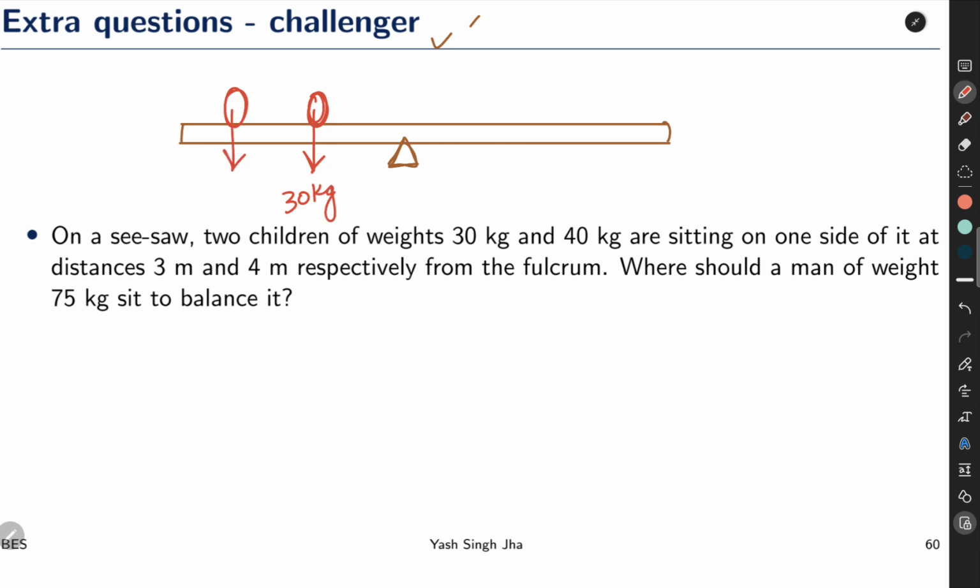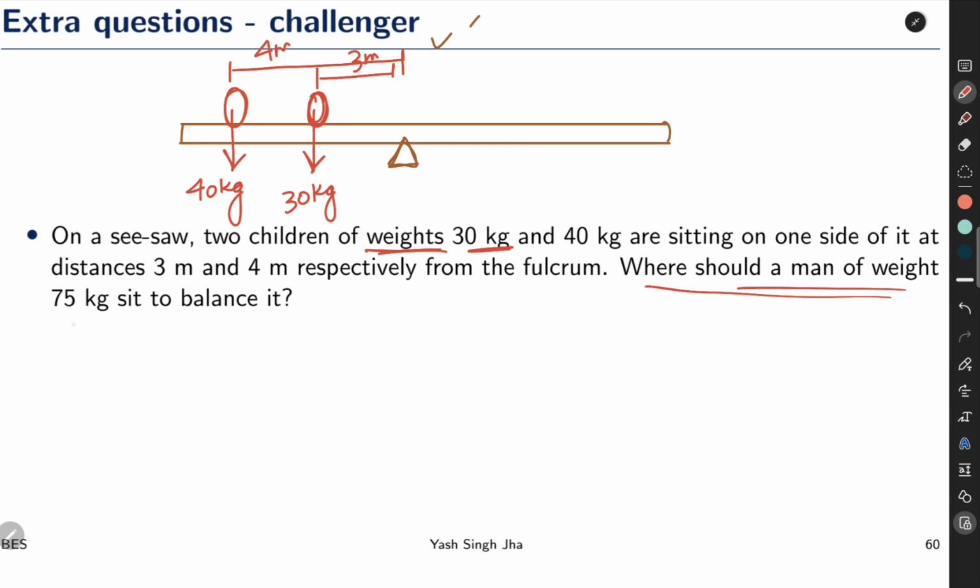The question is framed a bit wrong. It's not weight, it is mass. 40 kg. The distance is 3 meters and 4 meters from the fulcrum.